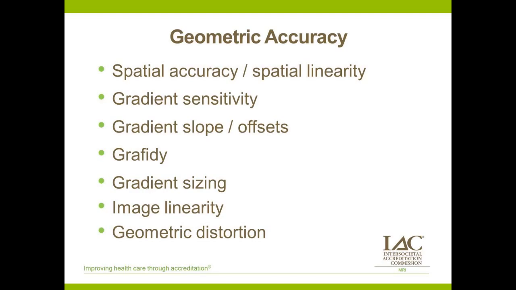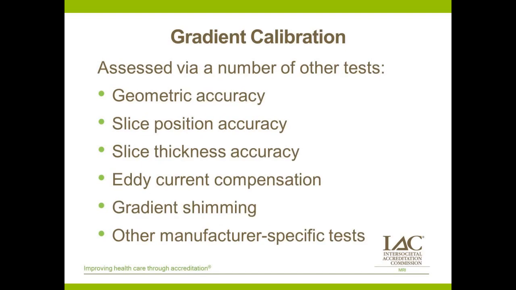So gradient sizing, image linearity, geometric distortion. Other than graphity, these are all names for the same thing. This is where graphity belongs. So gradient calibration is talking about all of the things that affect the gradients, and geometric accuracy is a big part of that.